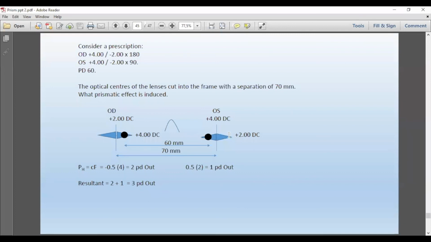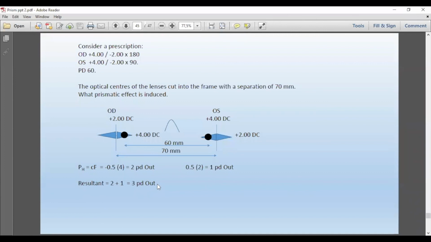Now, I'm 10 millimeters out, which is 5 millimeters in each eye. Using Prentice's equation along the horizontal, 0.5 times 4, I've got 2 prism out. Over here, for the left eye, I'm 1 prism out. Because in this case they're both out, we add. So your resultant is the sum of the two, which is 3 prism base out.